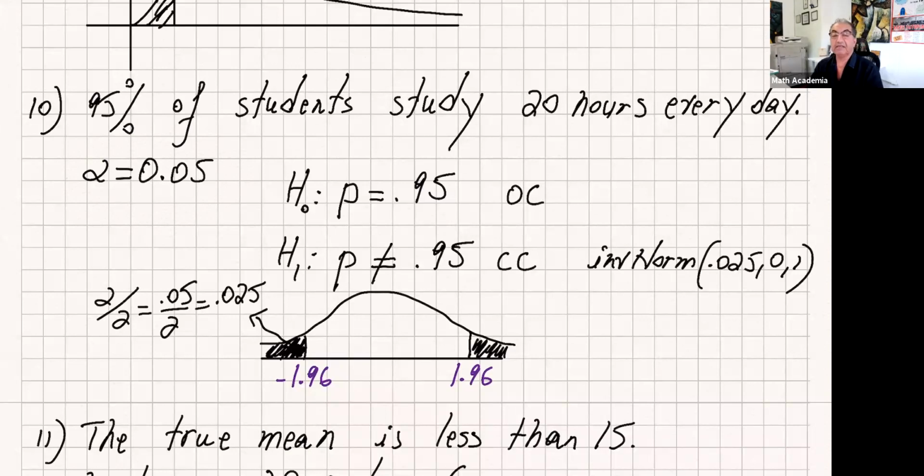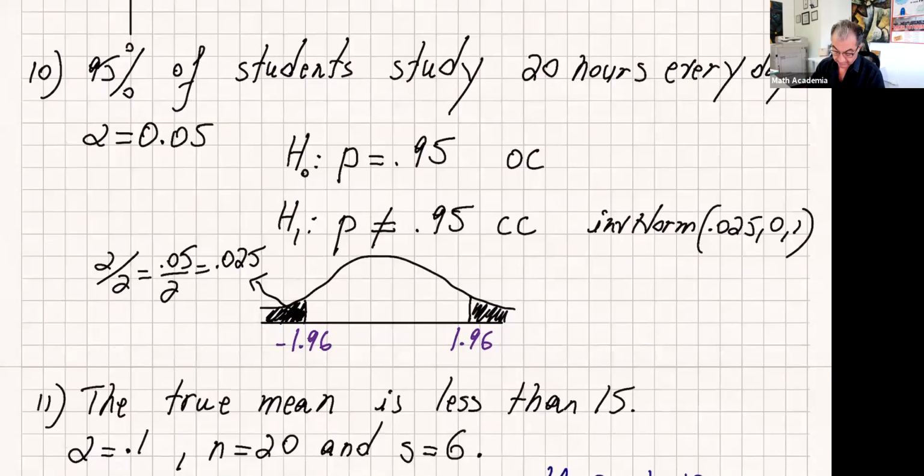If alpha is not given in any problem, the most common one is 0.05. So just 0.05, that's the significance level. I will go over the details of significance levels, what they mean, once we solve some problems, then they're going to make a lot of sense. But right now, we're getting very close to the setup.